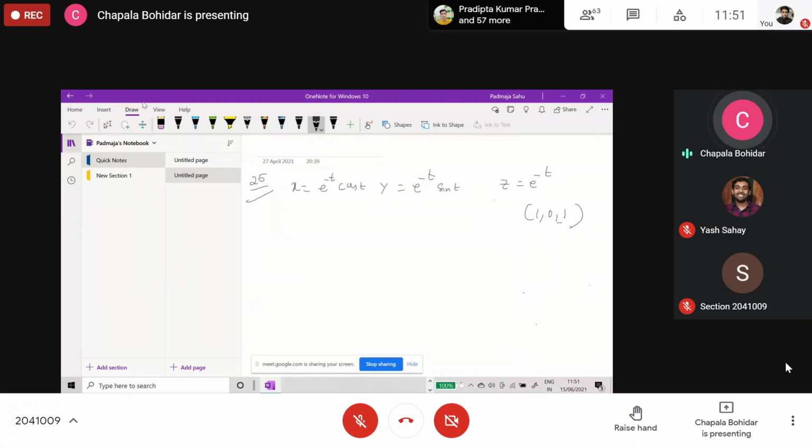What is the unit normal vector formula? T dash t by mod of T dash. Which vector is normal to the osculating plane?